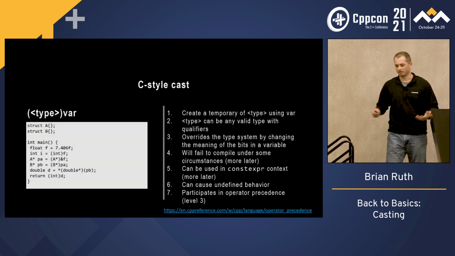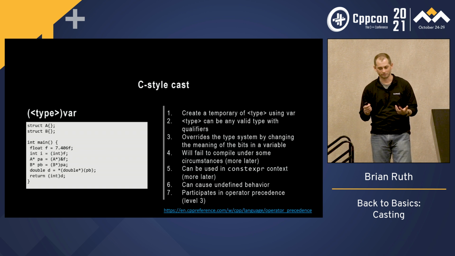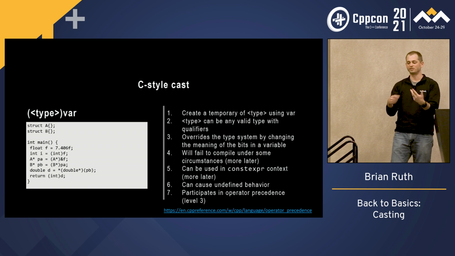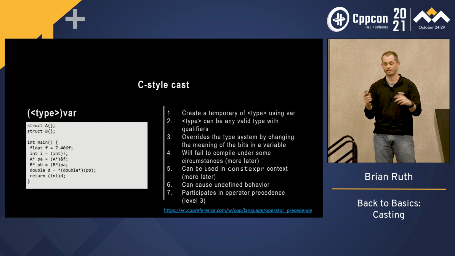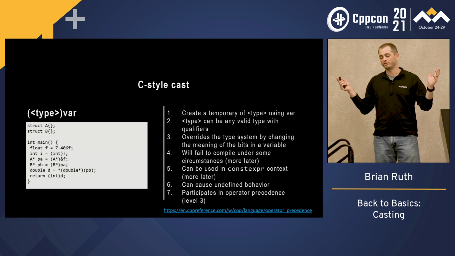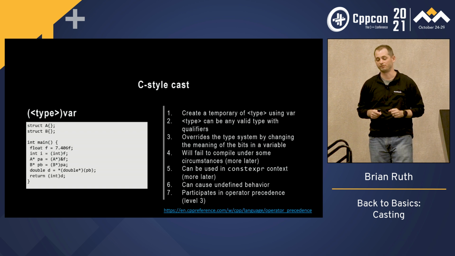So what does this look like in practice? Well, it allows you to pretty much do anything you want, especially if you're dealing with pointers. So here, we've got our float. We can use it to clarify that, yes, we're converting that float, truncating that float to an int. But we can also just randomly tell the compiler, I know this is pointing to float memory, but I want to convert it into an A struct.